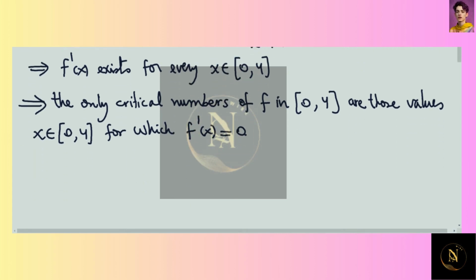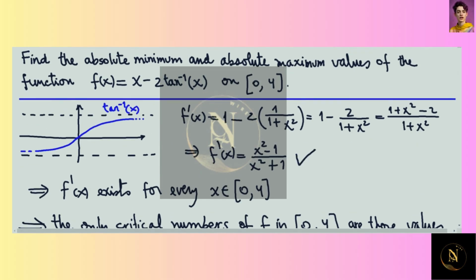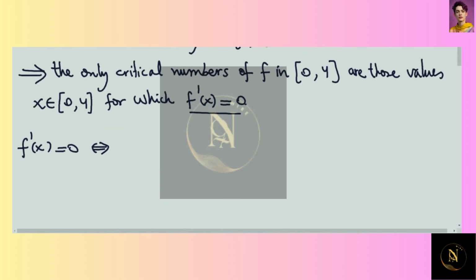And so we solve this equation. Because we know this first derivative is equal to this expression here, this is equivalent to saying that x squared minus 1 over x squared plus 1 is equal to 0. And this is the same as x squared minus 1 equals 0, that is x squared equal 1.